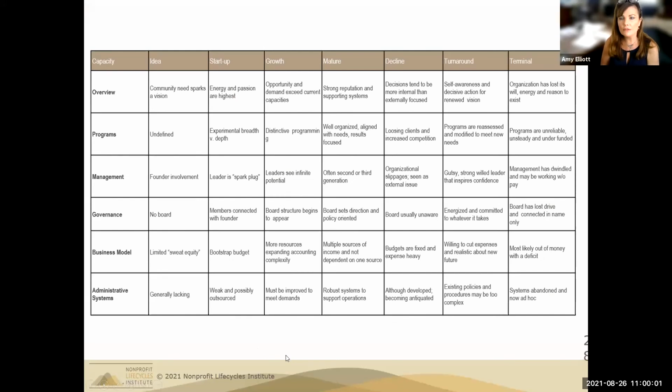So, for example, if you put your organization's programs in maturity, was it because you feel like you have a reputation in the community? Was it because you feel like they're well established? What was the evidence that you used to come to that conclusion?